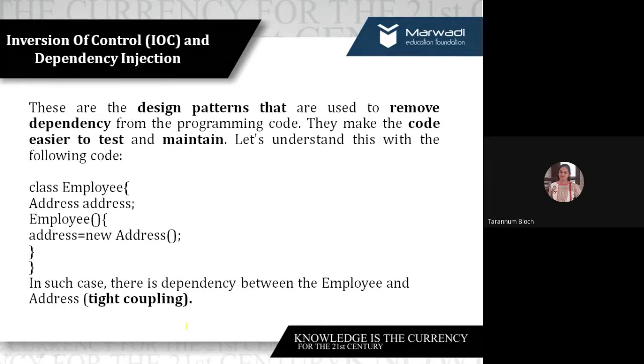I am saying that if my Employee object is being instantiated, suppose this constructor fails, and we are not able to create the object because of some dependency or some issues. In that case, the creation of the Address object will also fail because we have written it inside the constructor of Employee. So you see the dependency between the Employee module and the Address module is high.